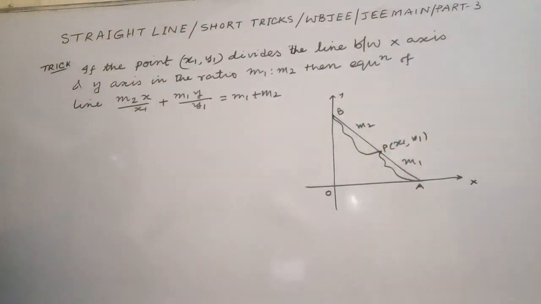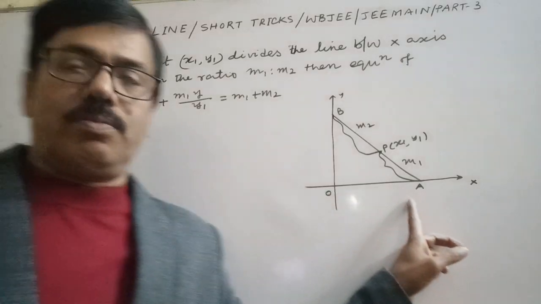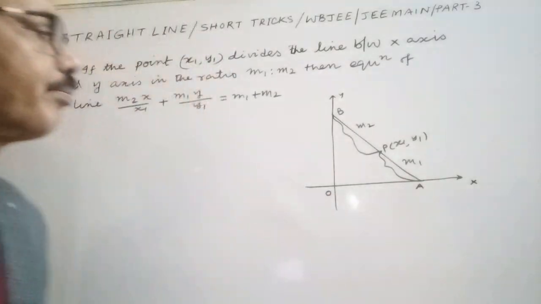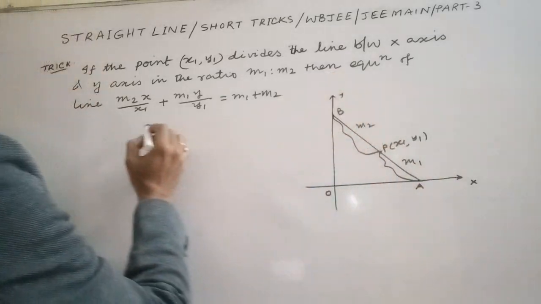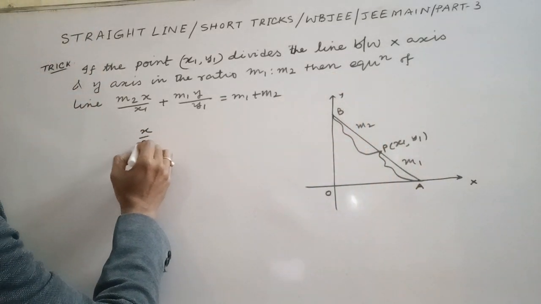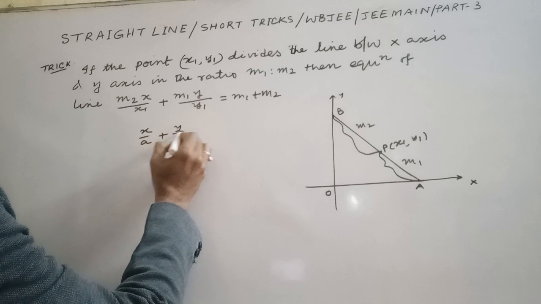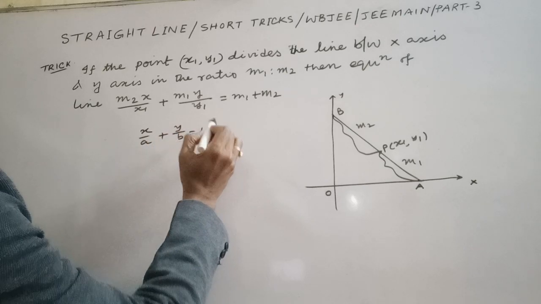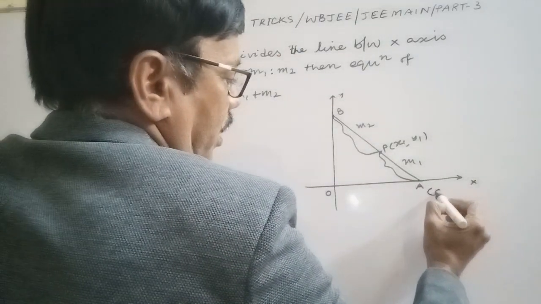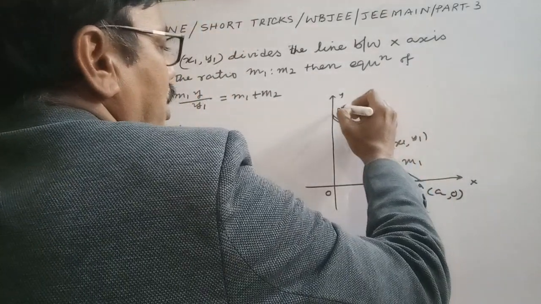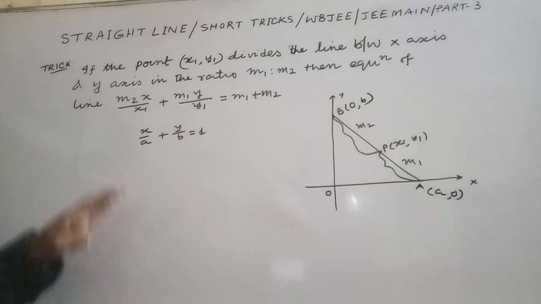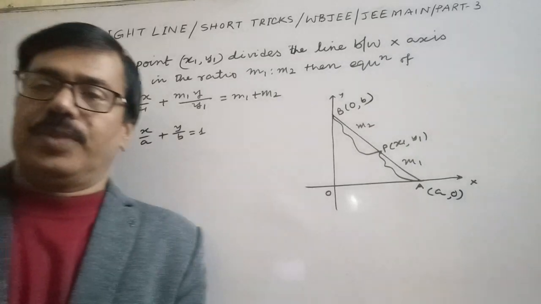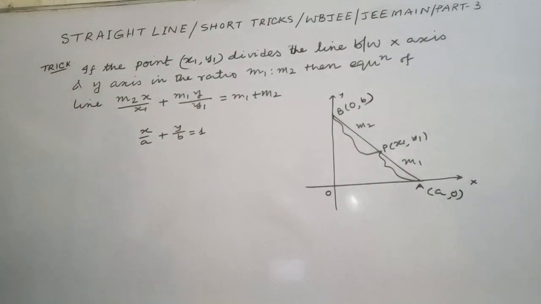So it is given, you have to take m1 from the x-axis. Now AB is a straight line in intercept form. So the equation is x by a plus y by b equals 1. So the coordinate of A is (a, 0) and B is (0, b). Now how many unknowns? a and b. You have to find a and b.